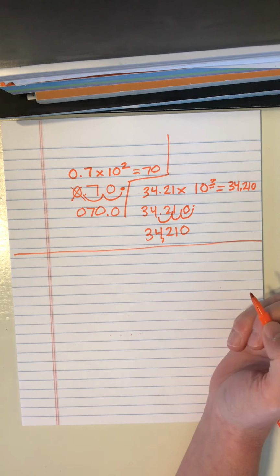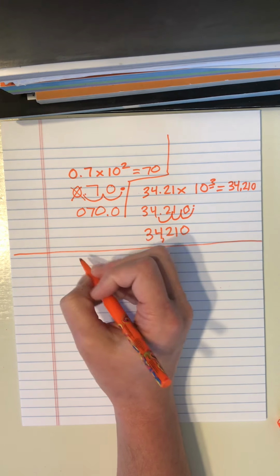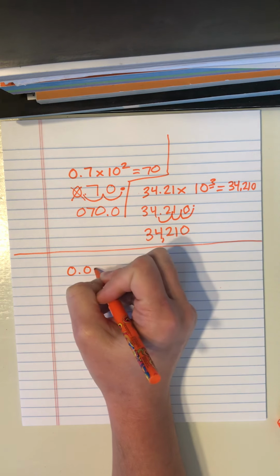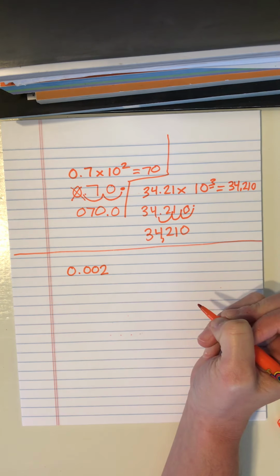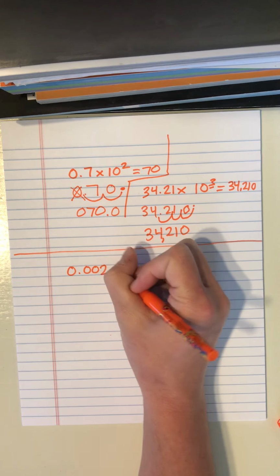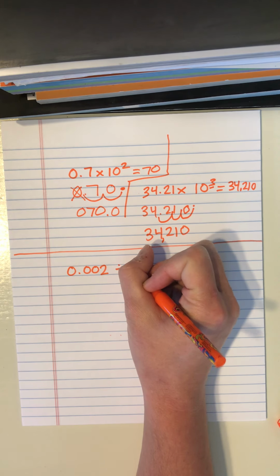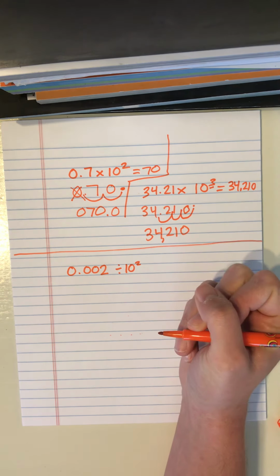So now let's review how we divide with powers of 10. Let's say I had 2 thousandths. We know that's a teeny tiny piece of a whole, and we're going to divide by 10 to the second power.